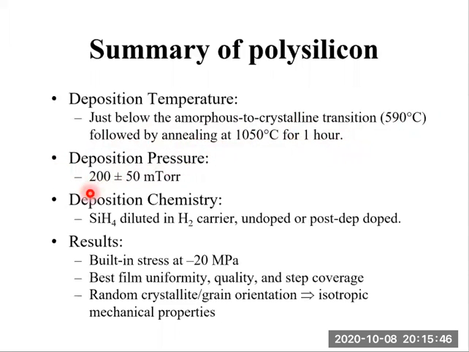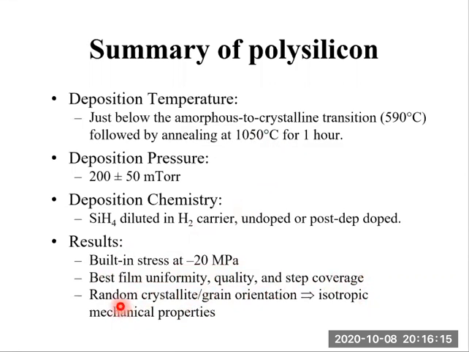Deposition pressure about 200 millitorr. Deposition chemistry, silane diluted in hydrogen carrier. The built-in stress after high temperature annealing is about -20 megapascal. And we can achieve pretty good film uniformity, quality, and step coverage.